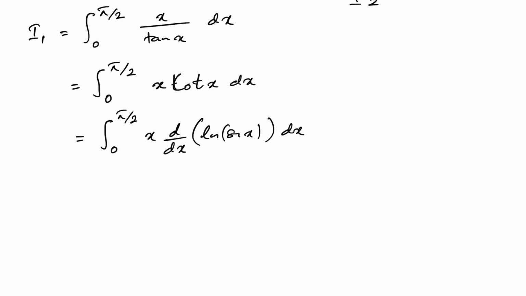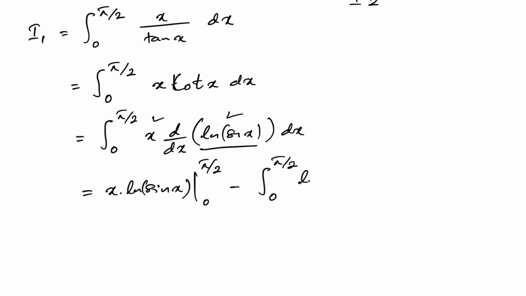Now the product of these two parts: x times natural log of sine of x, limit from 0 to pi over 2, then minus the integral from 0 to pi over 2 of the natural log of sine of x, and the derivative of x is 1, so here only dx.